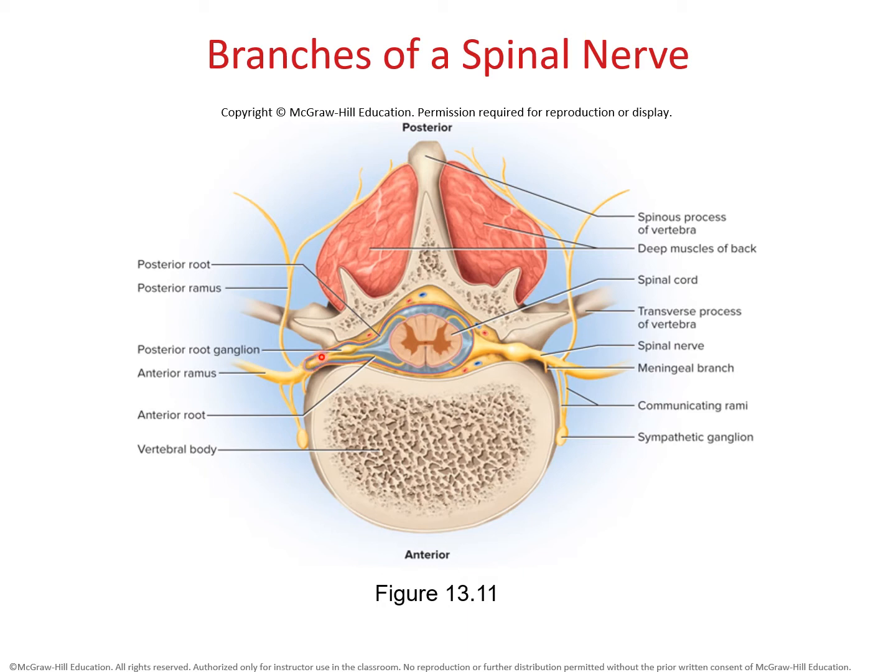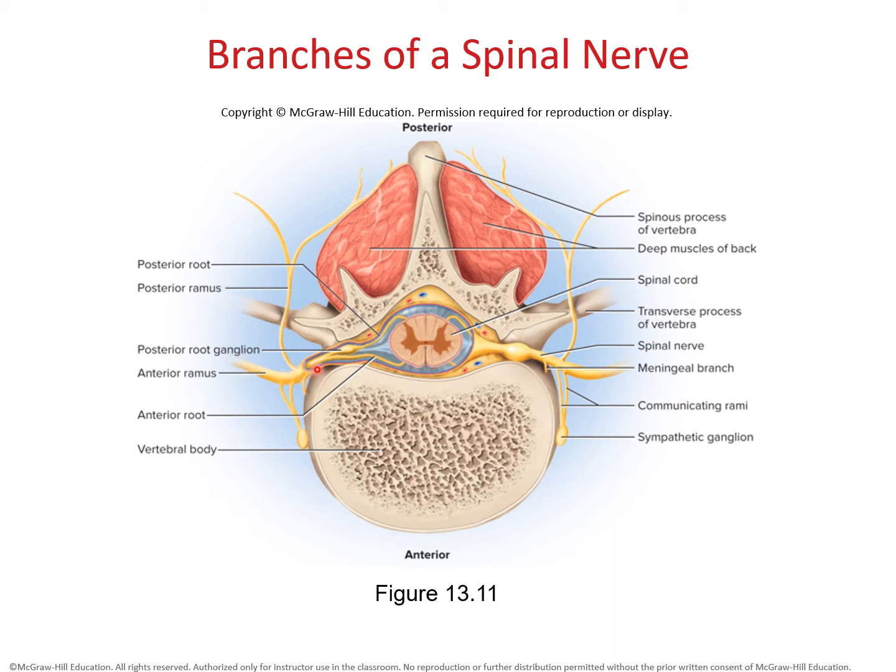And then it immediately branches. Here we have our posterior or dorsal ramus. And that posterior or dorsal ramus is going to supply the muscles and the joints in the region of the spine where this comes out, and also the skin of the back.